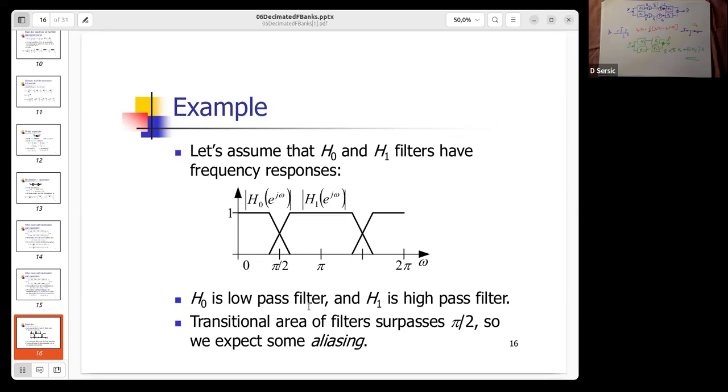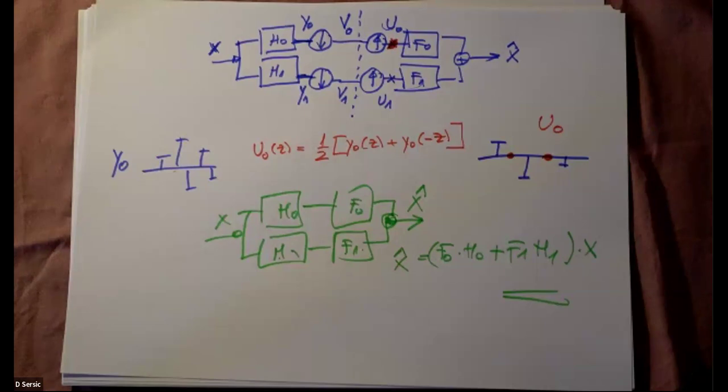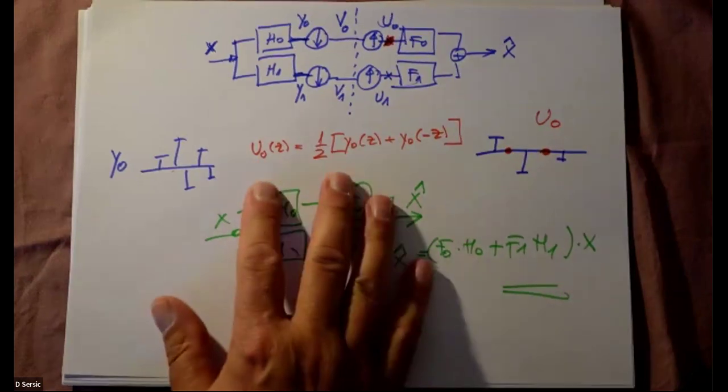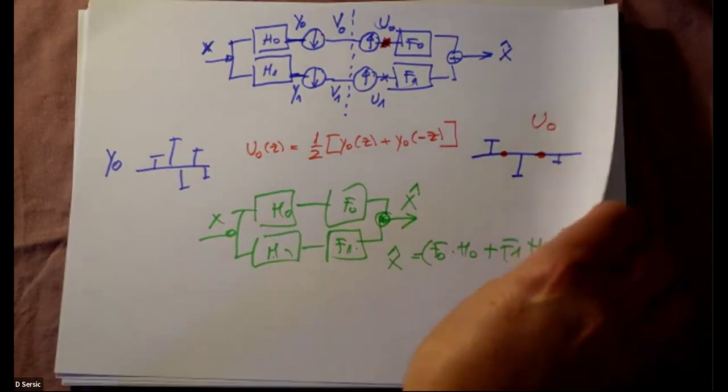So let us assume that H0 is a low pass filter and H1 is a high pass filter. I will stop sharing so we can go back to this, or maybe I can just draw it again.